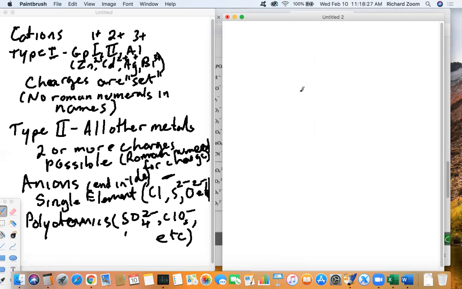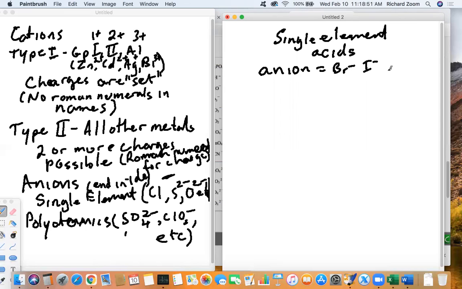Let's turn now to the naming of acids. We have 2 kinds of acids that we're dealing with. Single element acids, where the anion equals Br minus, I minus, S2 minus, etc. And these are named hydro something ic acid.